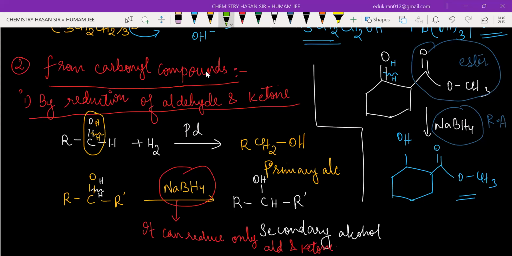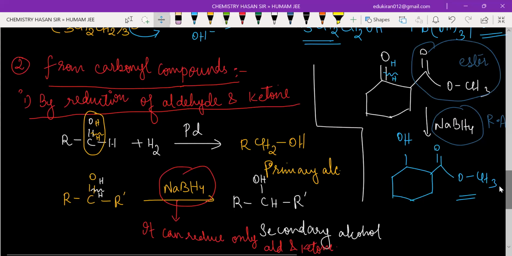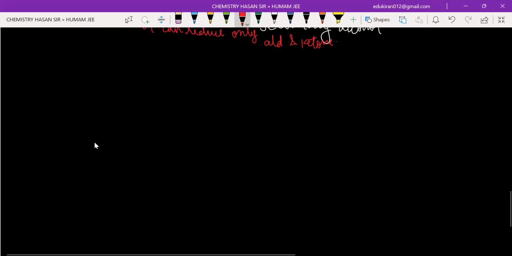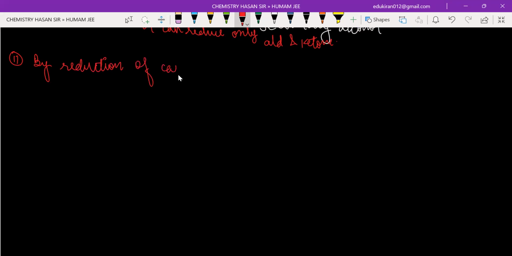Yes, sir. Okay. Now the next method of preparing alcohol from carbonyl compounds is by reduction of carboxylic acids and esters.